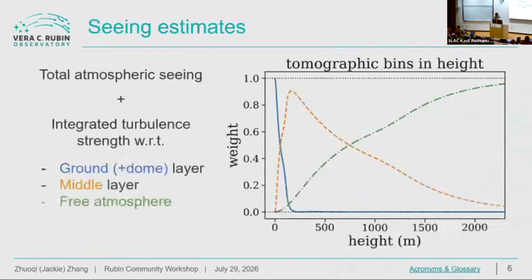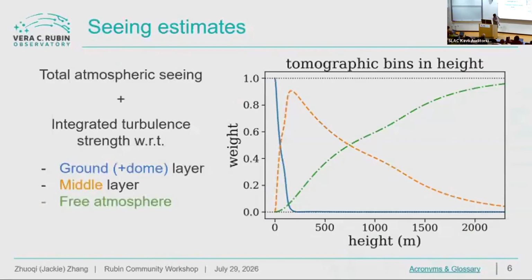With all the pairs of these 8 guider stars in the LSST cam, we can do something more. We can do a 3 layer separation of the atmospheric turbulence strength rather than 2. The green one, which is very sensitive to high altitude, we call the free atmosphere piece.